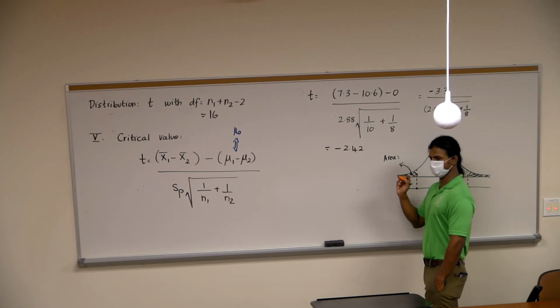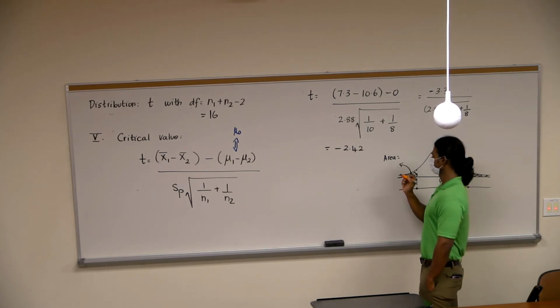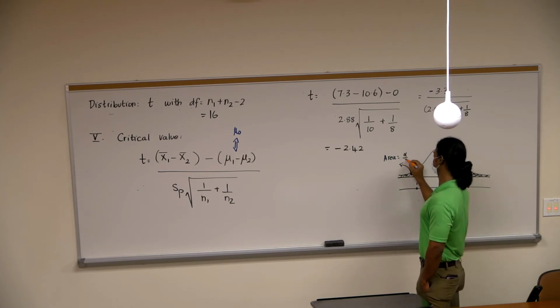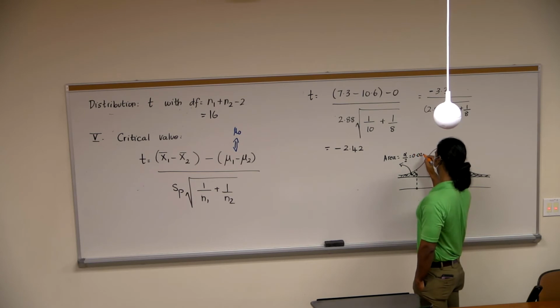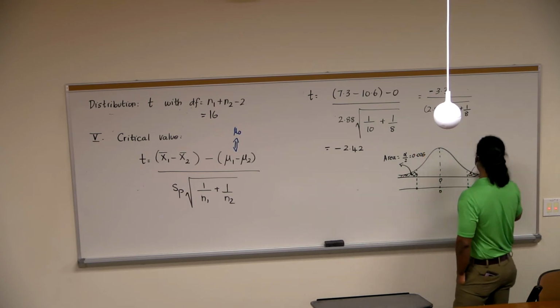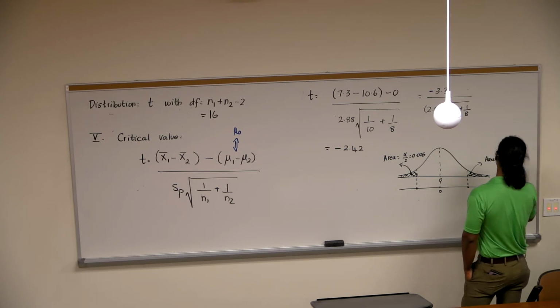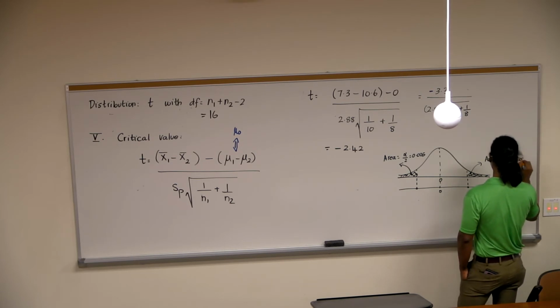Is it 0.025? It's half of alpha, so it's 0.025. And on this side, it is the same, so we have 0.025.